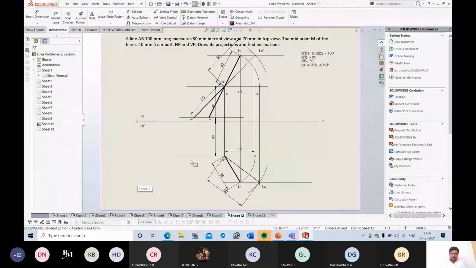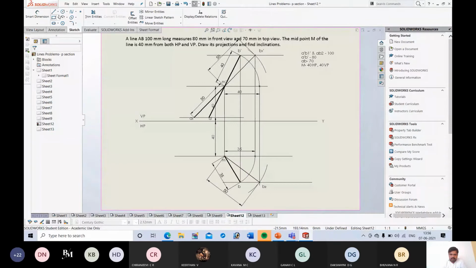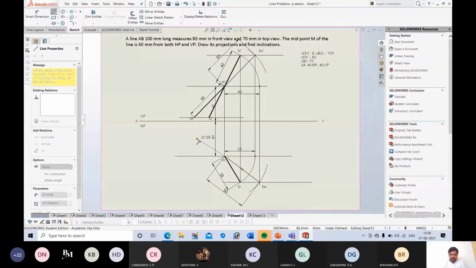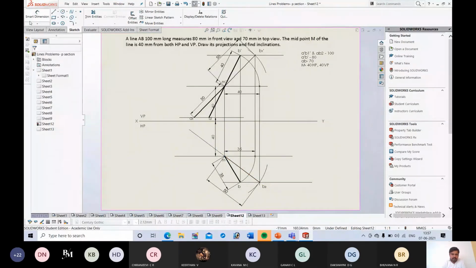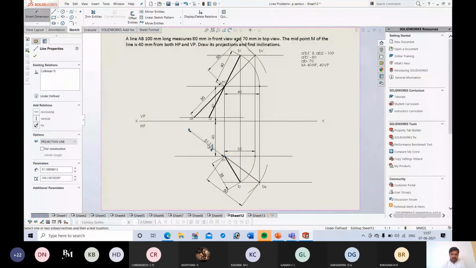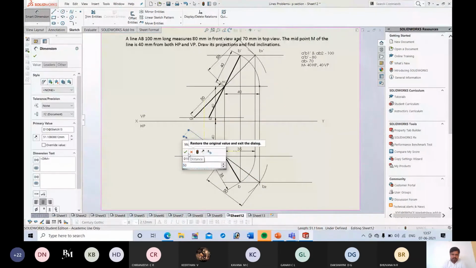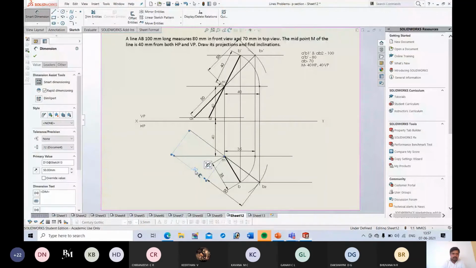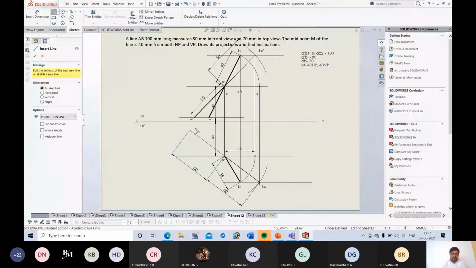In a similar manner, I will extend this construction on HP. Again I should draw a line by aligning scale to this line, and extend this for 50 mm. This length should be 50, because total length should be 100, the total length of AB. Next, I will draw locus.